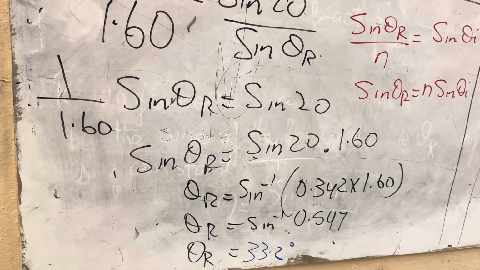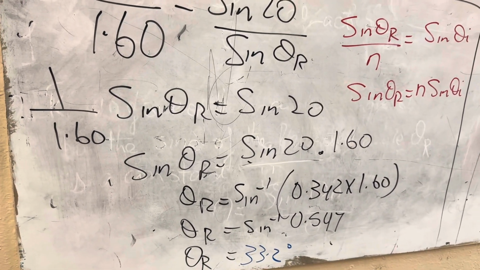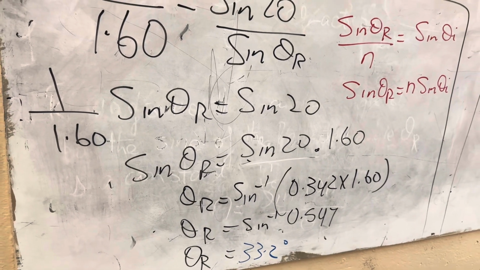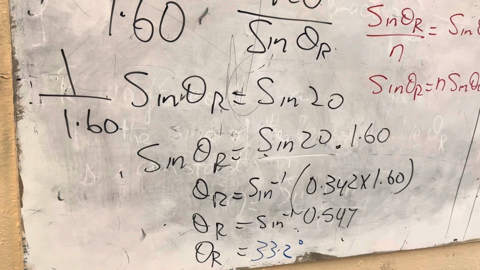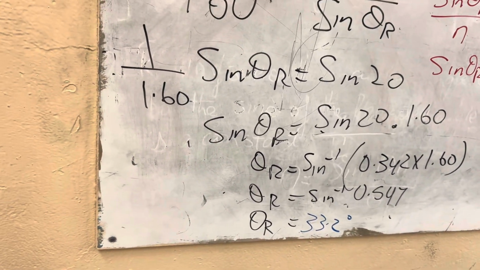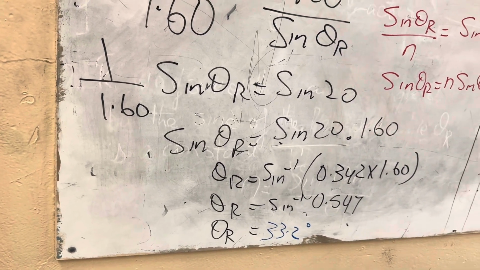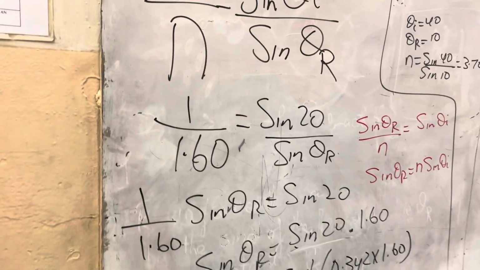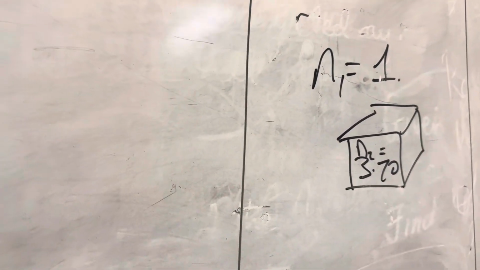Sine 20 is 0.342. When I multiply them, I will get 0.547. When I sine inverse both sides of the equation, I will get theta R is equal to 3.2 degrees. So you must always put the degree sign as a unit, otherwise you'll lose marks. Now remember, the refractive index is a ratio, so it doesn't have any units.